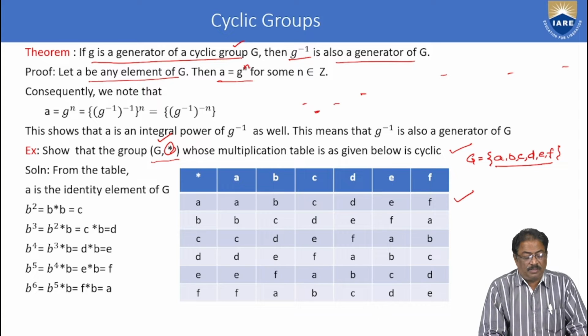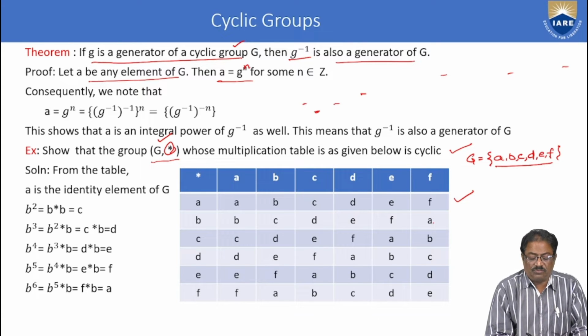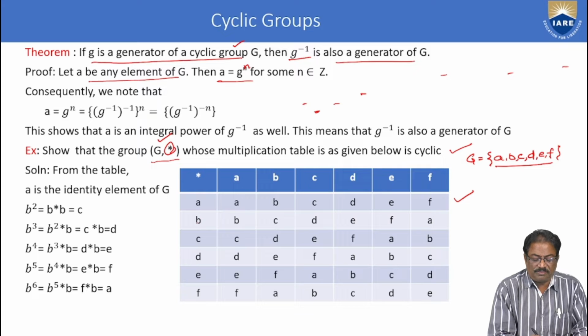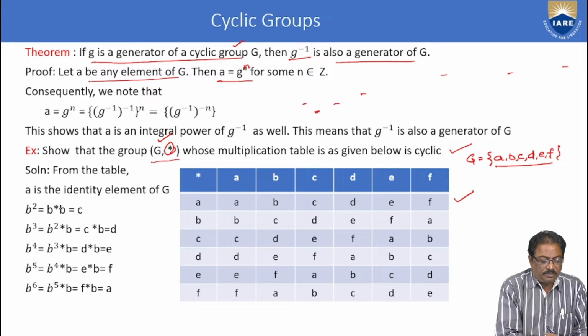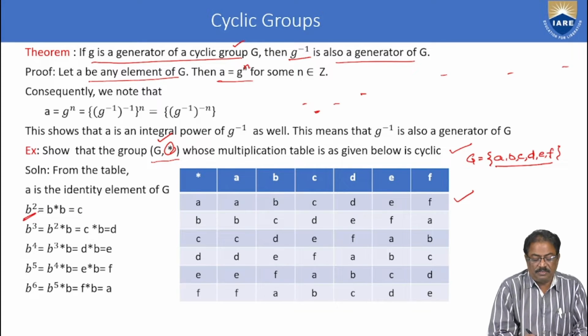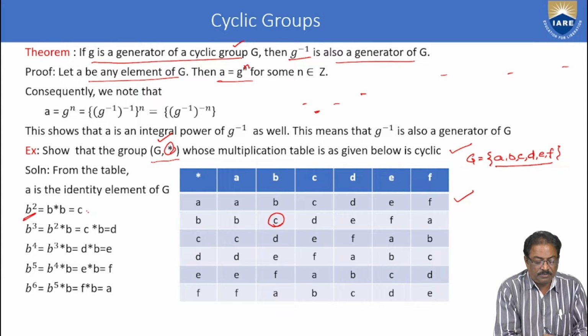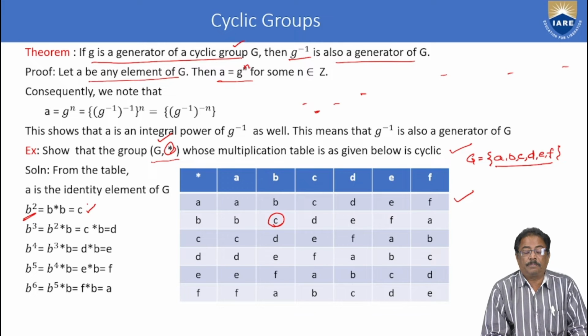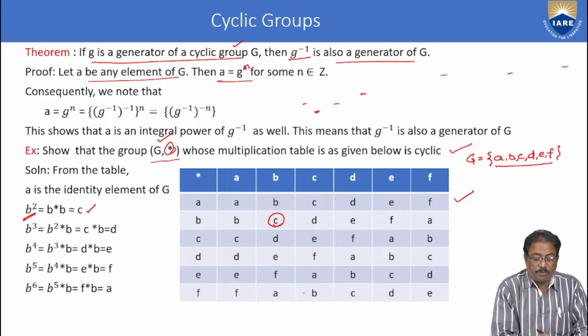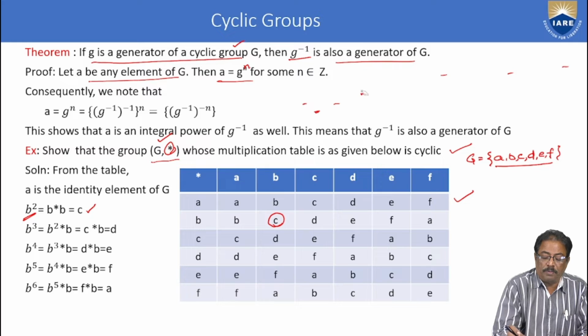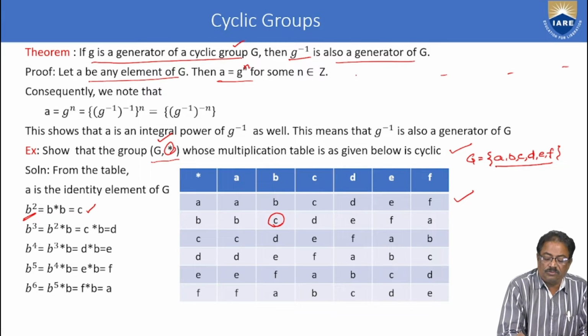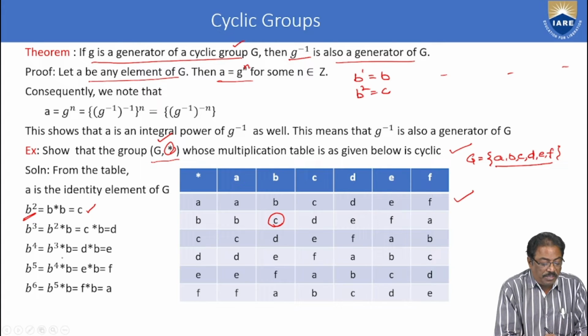So for that, let us consider, I am just taking B square. So B square is nothing but B into B. What is B into B? It is equal to C. So B square is equal to C. Now B power 1 is equal to B. Next B square is equal to C. Now what is B cubed?